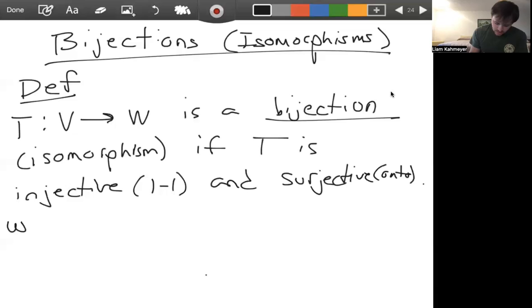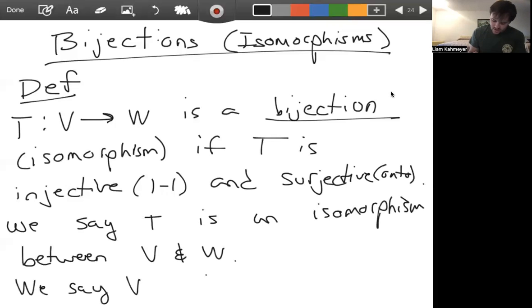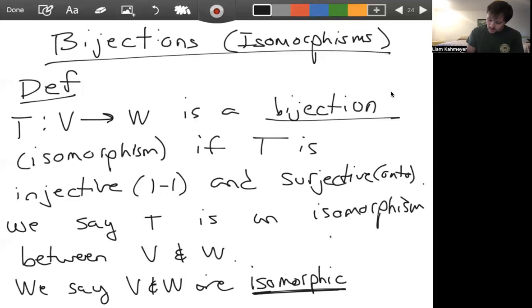We say T is an isomorphism between V and W. We say V and W are isomorphic, right? Denoted by V.